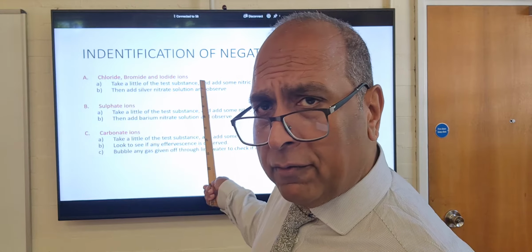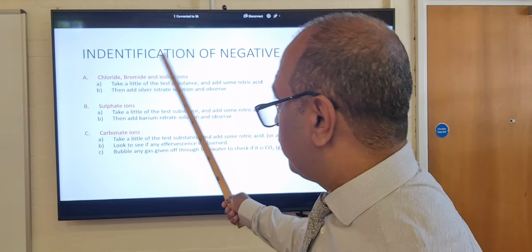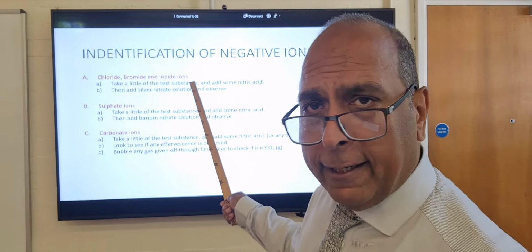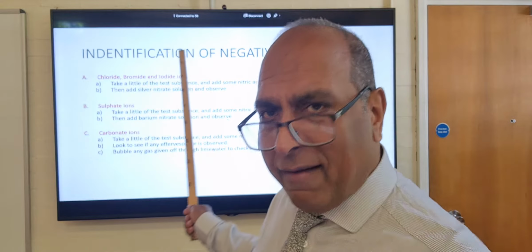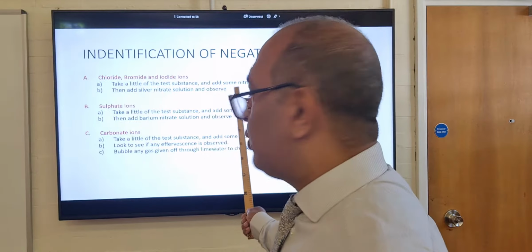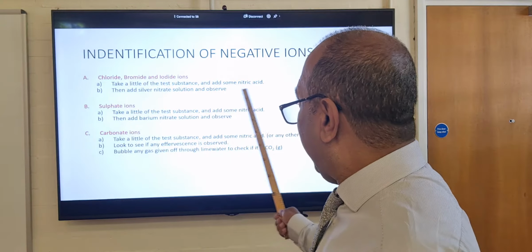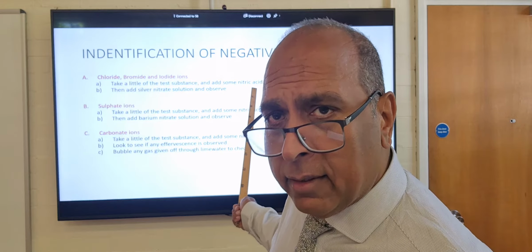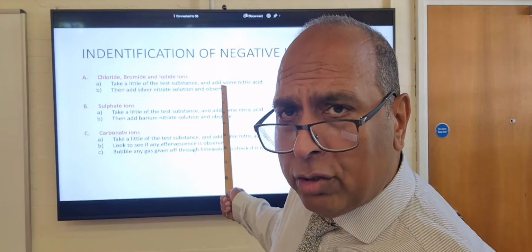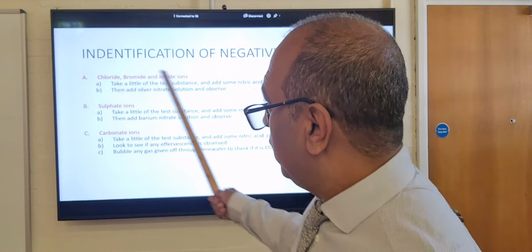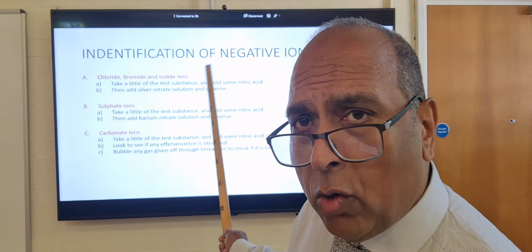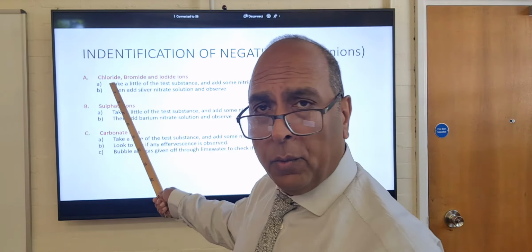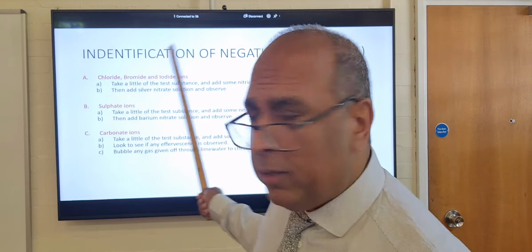We've dissolved soluble versions of a chloride, bromide, iodide in water, and that frees up the ions, and then we can test for them. We add nitric acid. Now, you need an acid to stop any false positive tests. If you put the acid in, only then will the test be for chloride, bromide, or iodide.